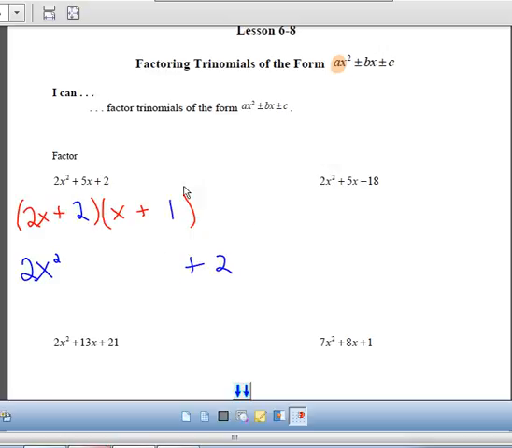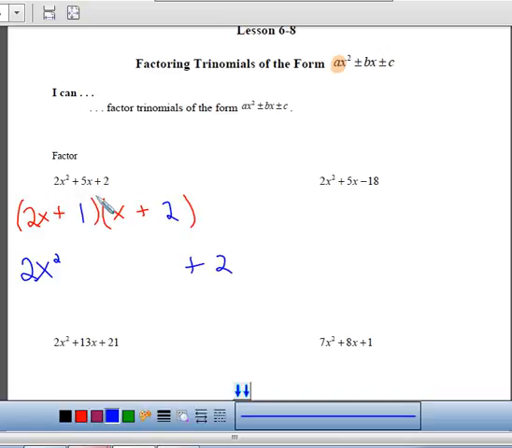So what happens if I switch 1 and 2? Well, watch what happens. Now you can go ahead and copy this down. So 2x plus 1, x plus 2. So I do 2x times 2 is plus 4x, and 1 times x is plus 1x, or just x. This will give you that 5x, that middle term.